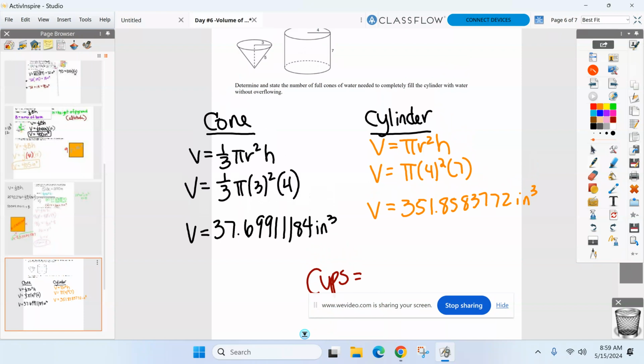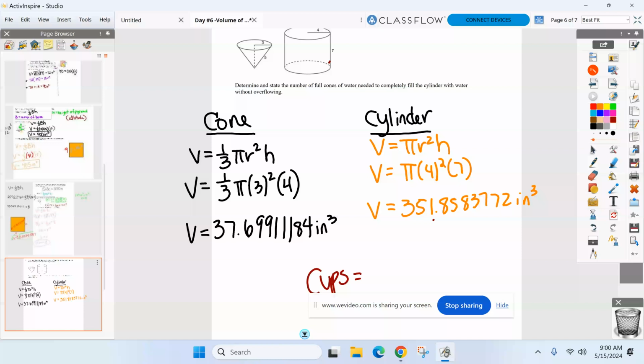All right, so again, before I reveal how to find out how many cups, this cone can fill about 37.7 cubic inches. I pour it in, another 37.7, pour it in, another 37.7, pour it in, but this can only hold 355.9.